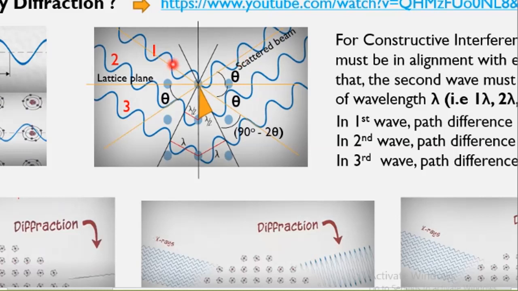Here we are considering that the incident wave is making an angle theta with the lattice plane. Keep in mind that this angle theta is not the incident angle; it is the angle that the incident wave makes with the lattice plane. The wave is scattered off with the same angle theta.